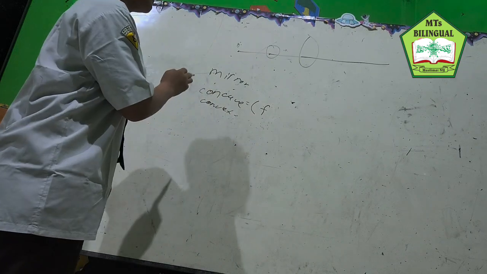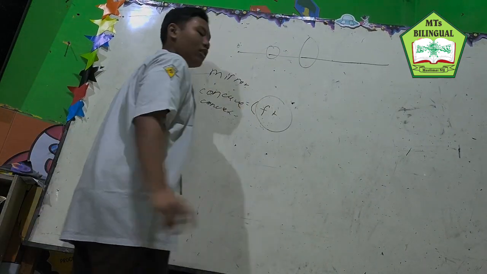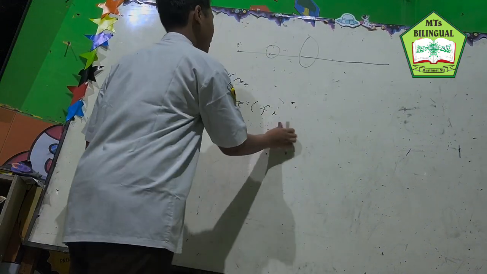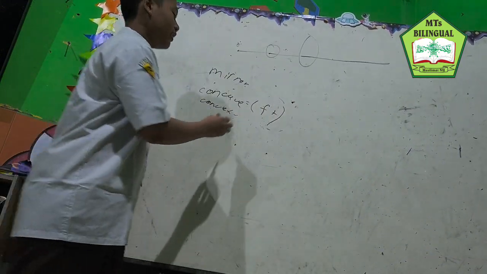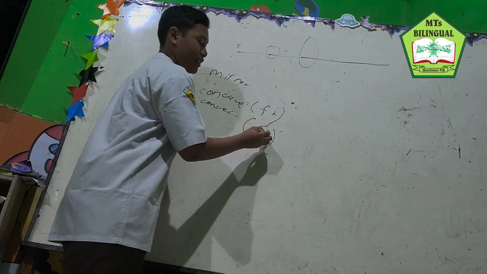For a concave mirror, the focus point is always positive. And for a convex mirror, the focus point must be negative.